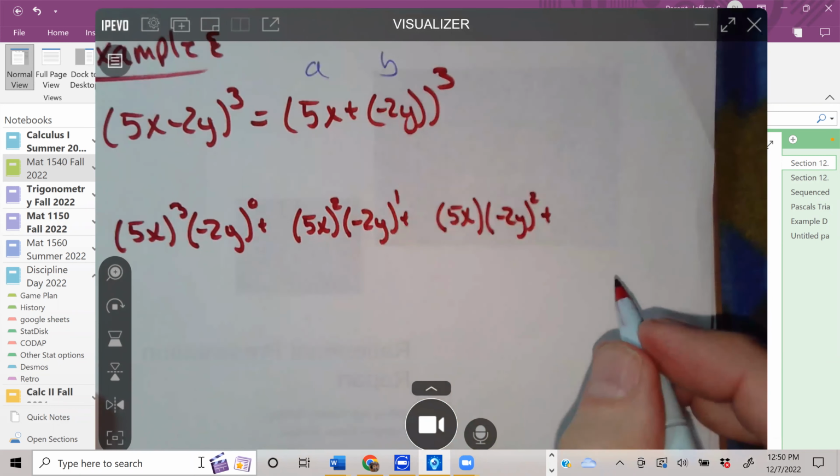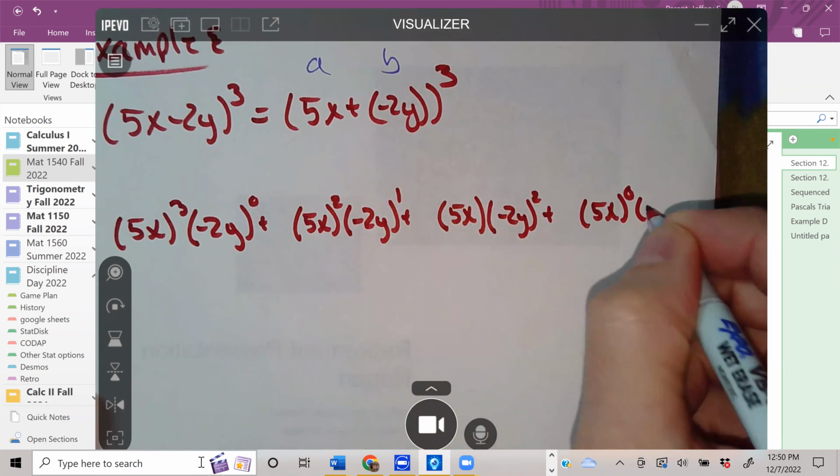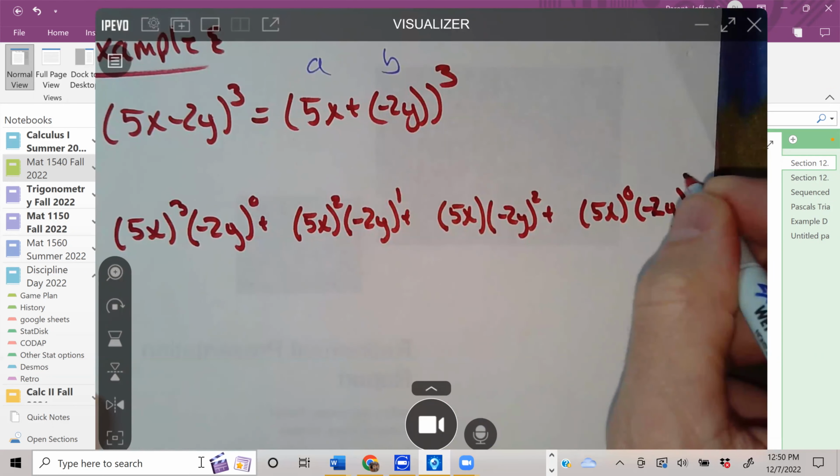And last but not least, 5x to the 0 power, negative 2y to the third power.